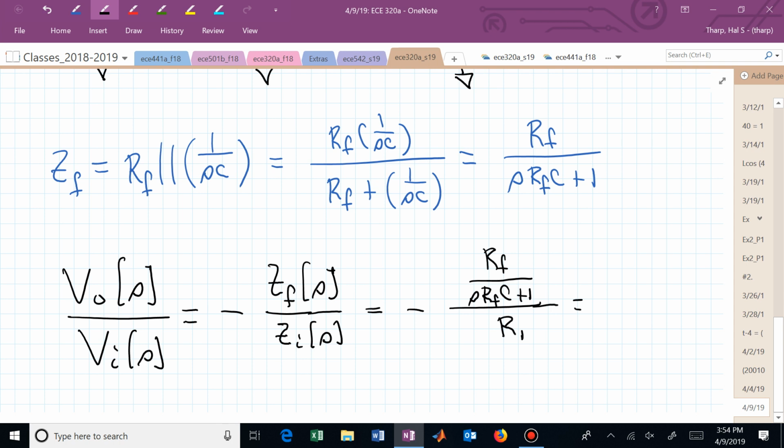And I can just drop the denominator down so that my transfer function is now minus R sub f over R1 over s R sub f C plus 1.